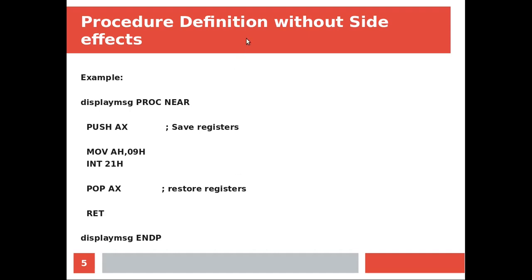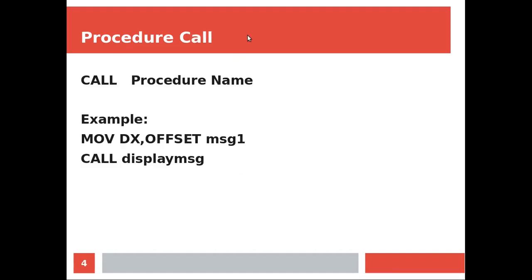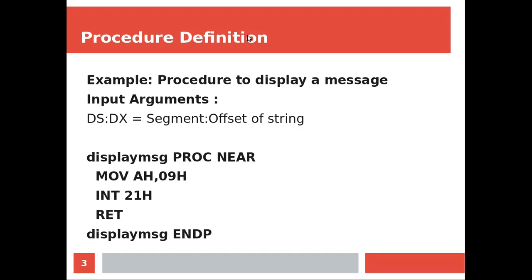Then another problem with this procedure is that procedures may create side effects. That is, inside the procedure to execute that particular task, we have to use some registers, and the content of those registers may change during the execution of that procedure.